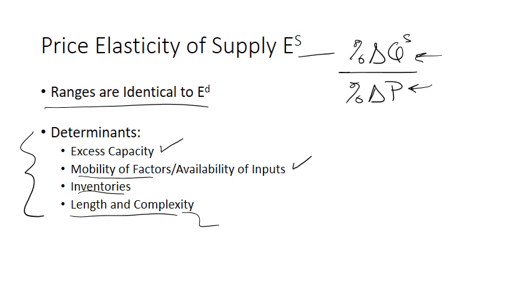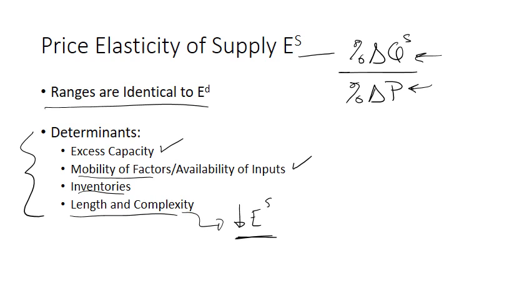Length and complexity, however, are going to suggest lower ESs, right? If in fact it's a very, very lengthy and complex process to produce your product, like a Boeing jet, it doesn't matter if prices rise overnight. You're not going to be able to get a jet out the door for months. Hence, you're going to have a relatively inelastic response.